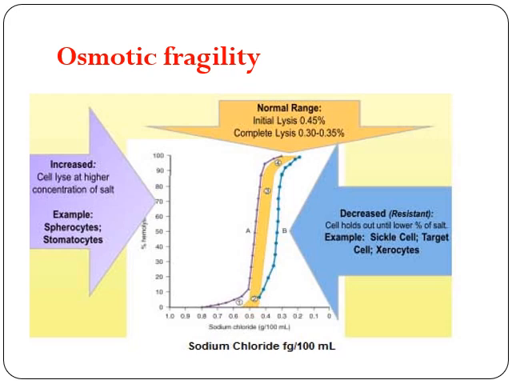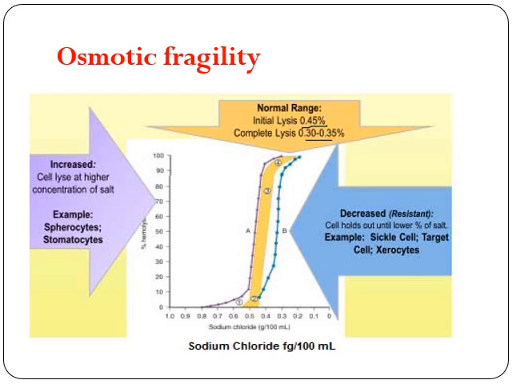this yellow portion is the normal range. If we place the RBC in a decreasing concentration of normal saline, the RBC will start lysing at 0.45% sodium chloride, and they will complete the lysis once the level is 0.30 or 0.35.